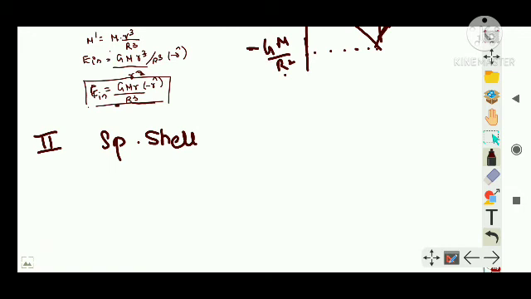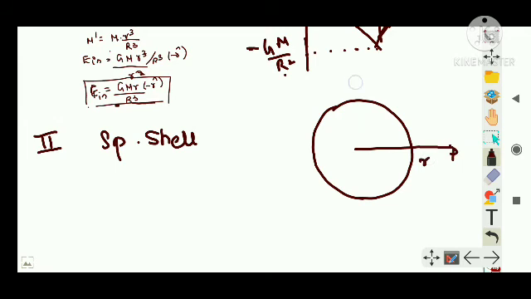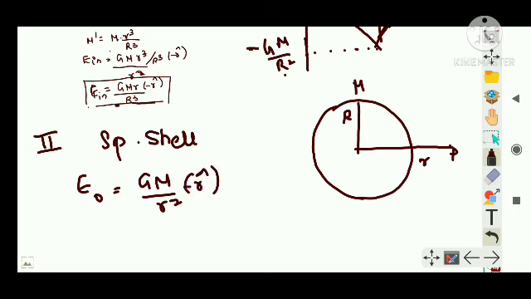Now, that is again just like the previous case. In the case of a shell, I will take a point which is outside. Let's say point P, at distance r. This is capital M mass and capital R radius of the sphere. So E out is equal to GM by r squared, with r cap, negative.